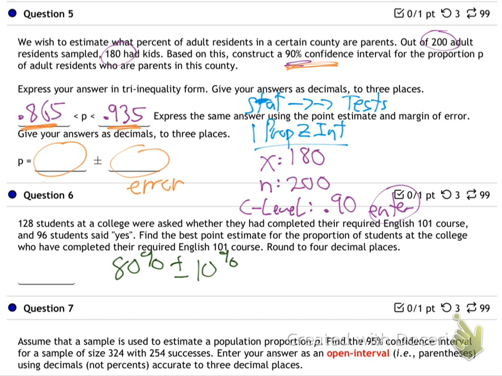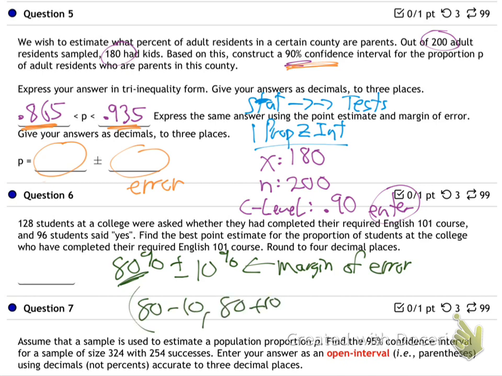Margin of error, because, again, no study's perfect. There's always the chance of luck. They're giving a confidence interval, basically, when they say margin of error, 10%. What they mean is that 80% is their best guess, but there's chance for error. The real average for everybody in the county might be different because the sample could have been just lucky, one way or the other. So to find the range, you've got to give or take 10%. That would be 80 minus 10 and 80 plus 10. In other words, 70 to 90. You with me on that?